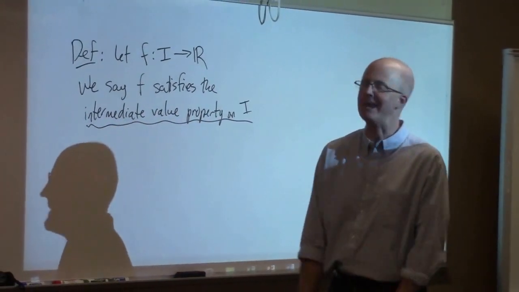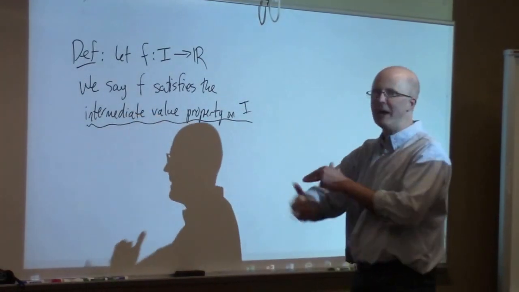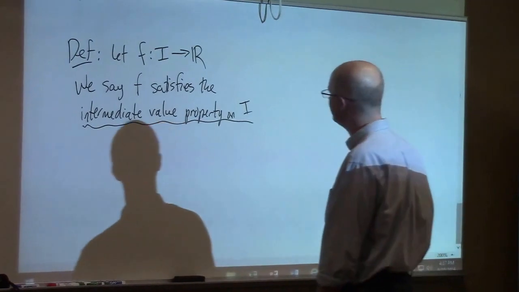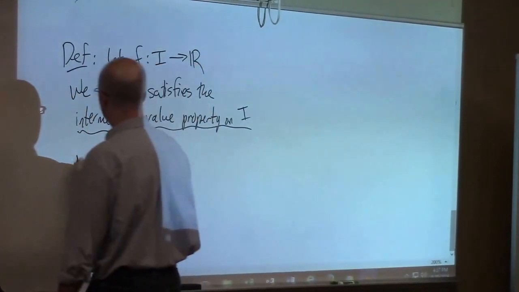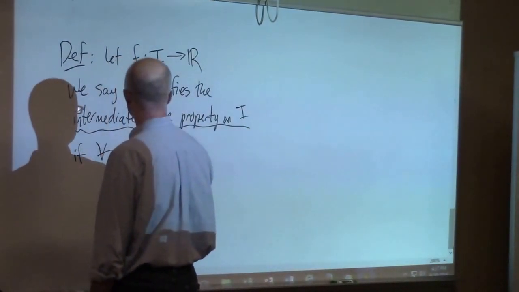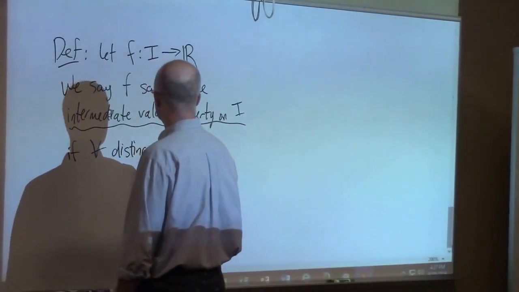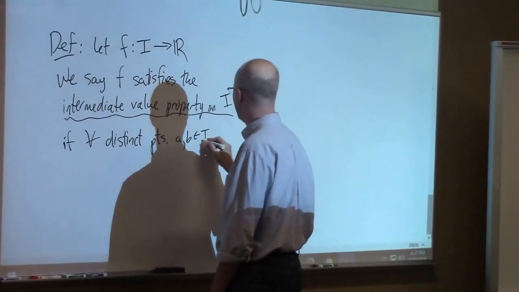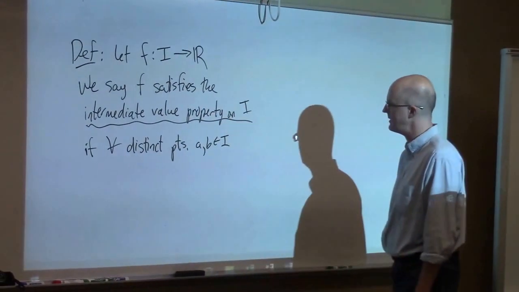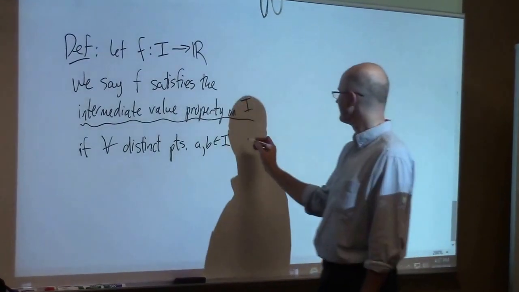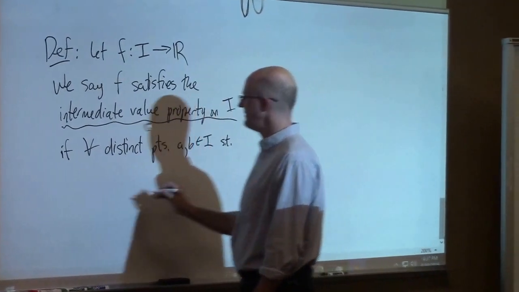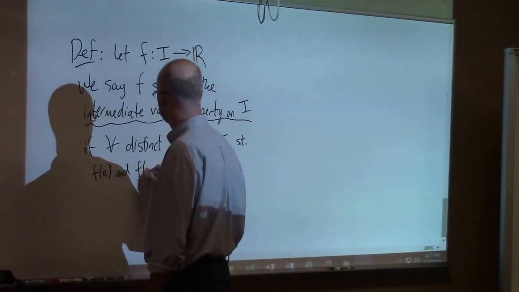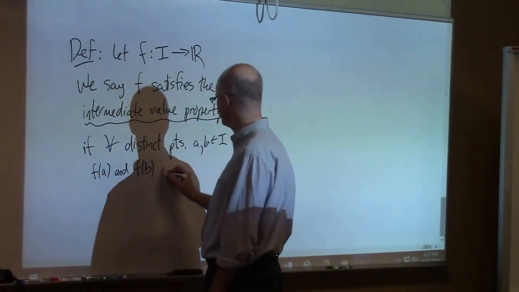They include the domain. f theoretically might be defined on some bigger interval, and you're only considering some smaller interval here. If for all distinct points A and B in I, I'm not saying whether A is less than B or vice versa, such that f of A and f of B are distinct. I'm not saying which is bigger.